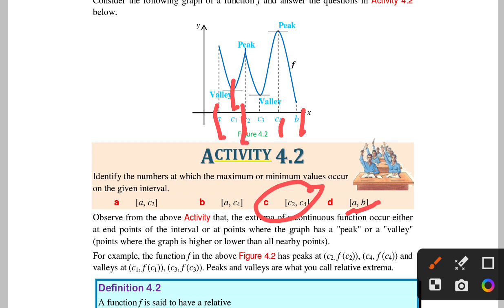As you can see, there is minimum value at C3. Here, you can see, I hope, there is maximum value on C4.